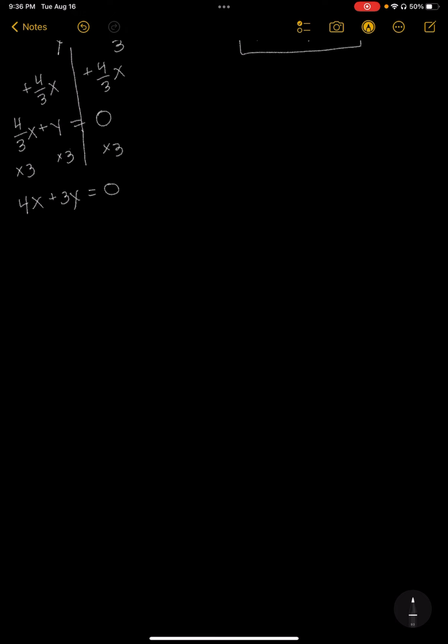Okay, let's go through a couple more examples. This next one is a little bit of a special case. So here's our graph. And this graph is just a straight horizontal line at -1.